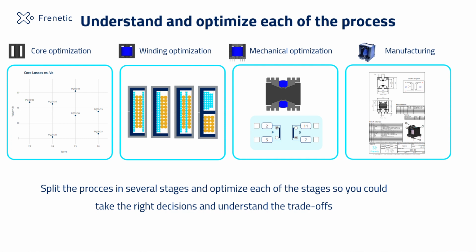Then we have to optimize the winding arrangement, the selection of the wire, and finally how the windings are going out, how the component is attached to the rest of the system. So it is critical to take the right decisions in each of these processes and to understand the trade-offs. And today I'm going to show you how the core could be optimized.